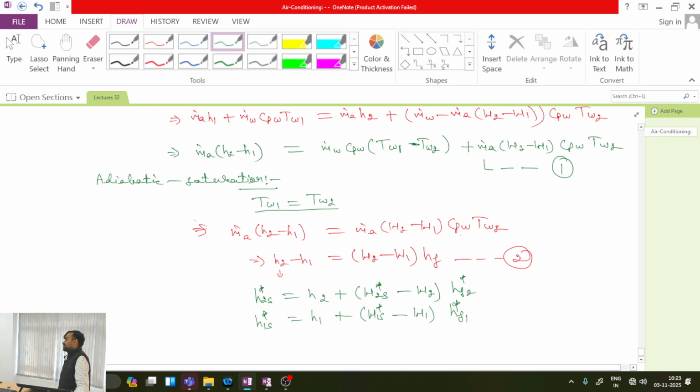Star is the state corresponding to the saturated condition.